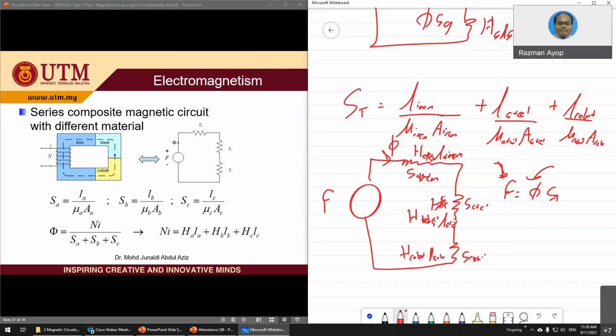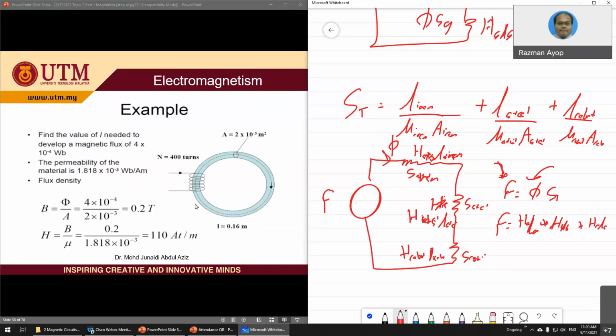If they give H, you can use H. So F is equal to H_A L_A plus H_B L_B plus H_C L_C. So either you can use reluctance or you can use magnetic force.